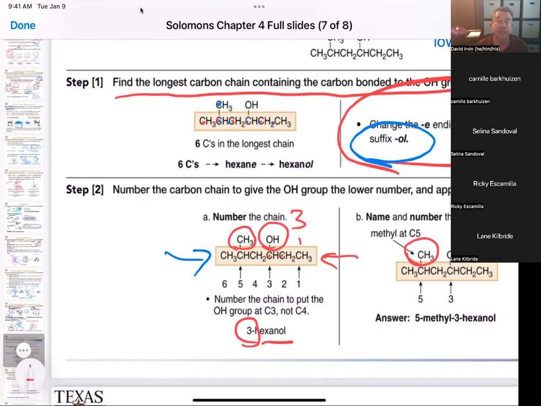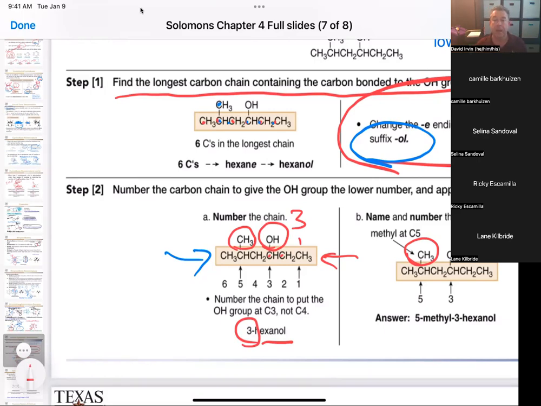So our final answer is 5-methyl-3-hexanol. Okay, questions on that?